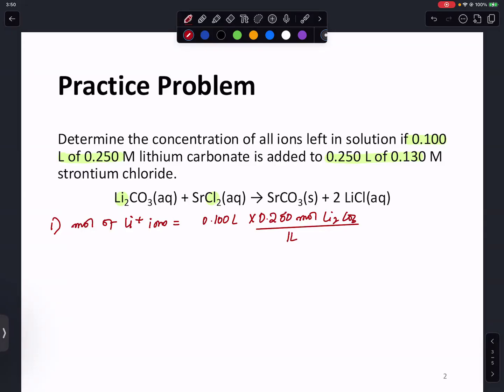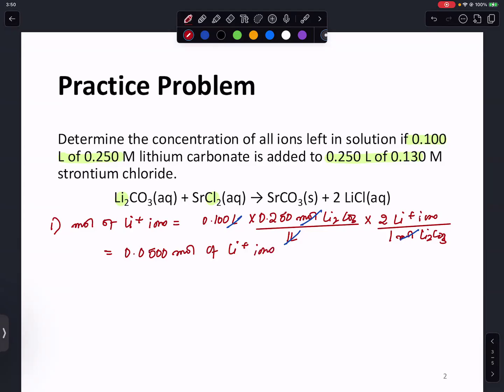And now we're going to use the relationship between the number of moles of lithium in 1 formula unit of lithium carbonate. So we have 2 lithium ions in 1 mole of lithium carbonate. Let's check that everything checks out. And we have here 0.0500 moles of lithium ions.